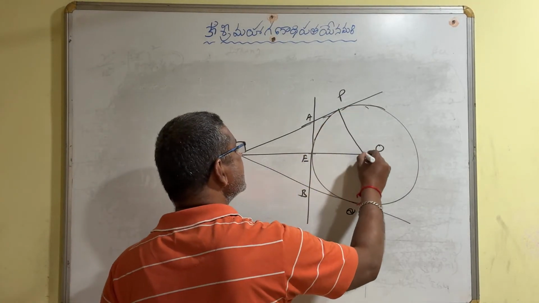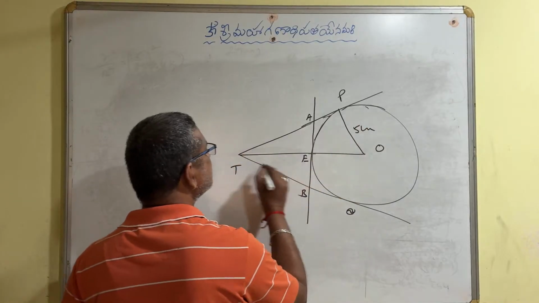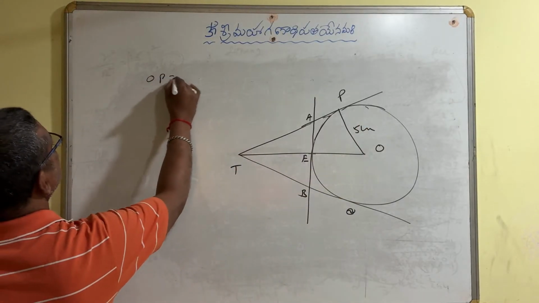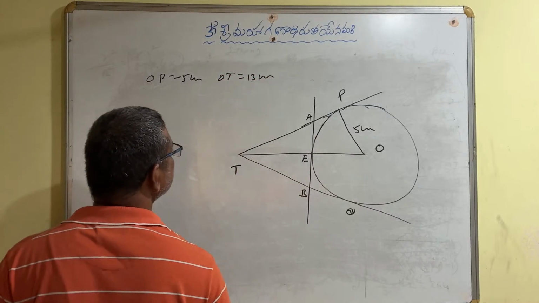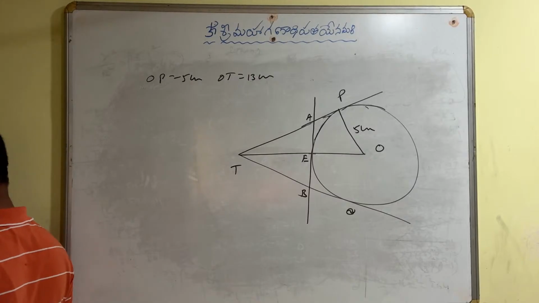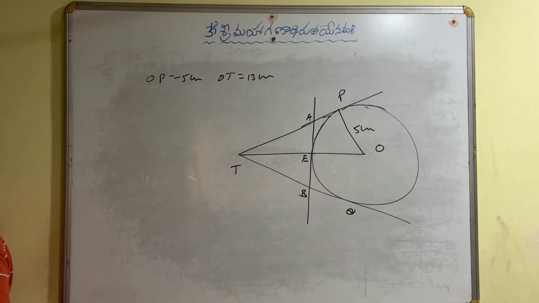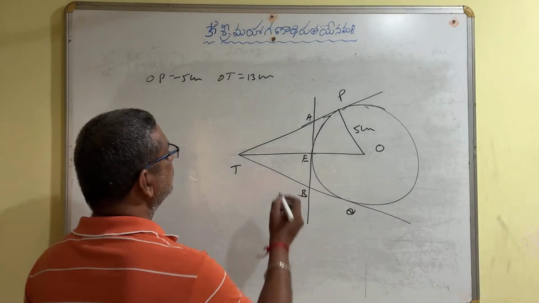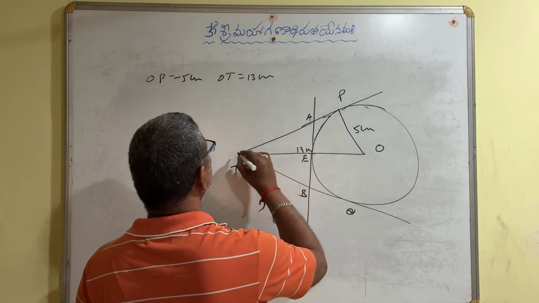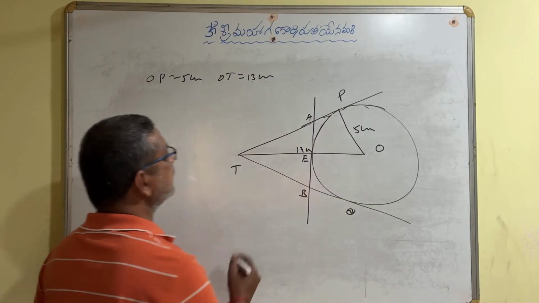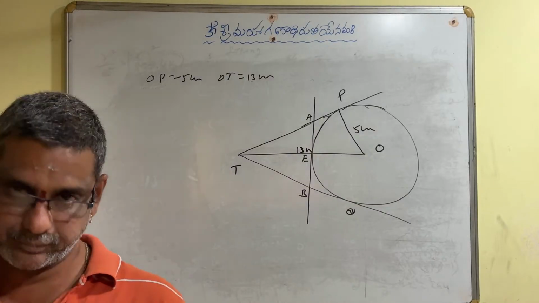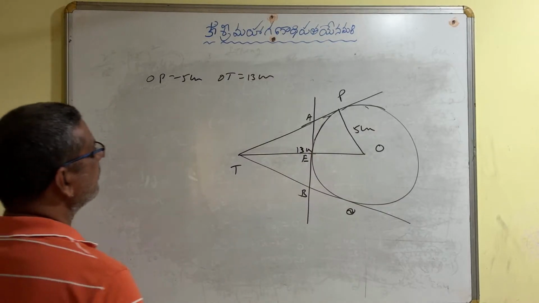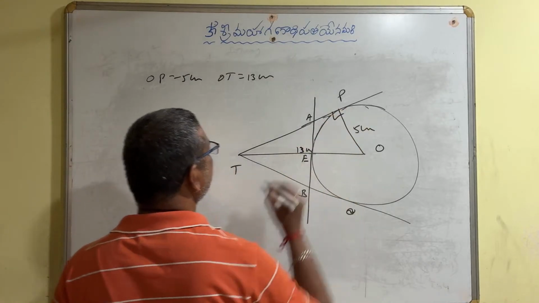Now this OP is 5 centimeters, OT 13 centimeters. Okay na? Now what is the first question? Length of the tangent TP. What is length of the tangent TP? This is 90 degrees.